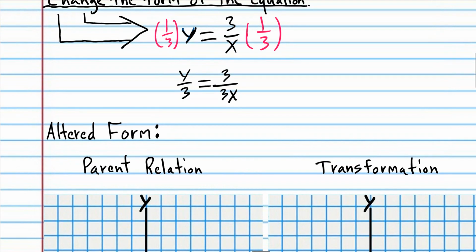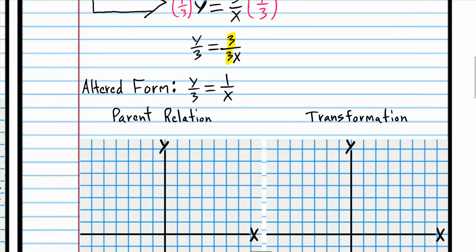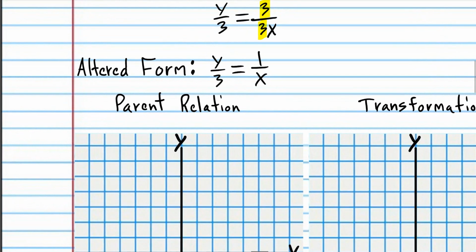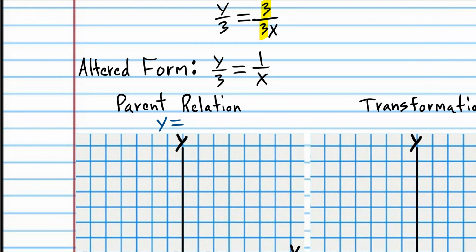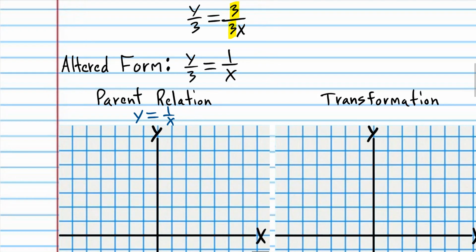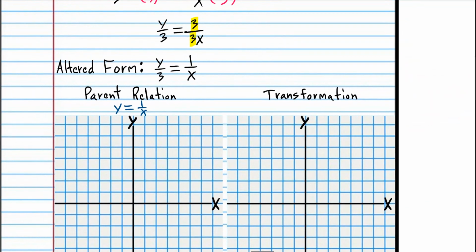So those 3's cancel out, the yellow 3's, and we get y over 3 is equal to 1 over x. So now, again, it's the same principle that we've been using. We couldn't graph y is equal to 3 over x, but now we can graph y over 3 is equal to 1 over x, because we see that we're just dividing y by 3.